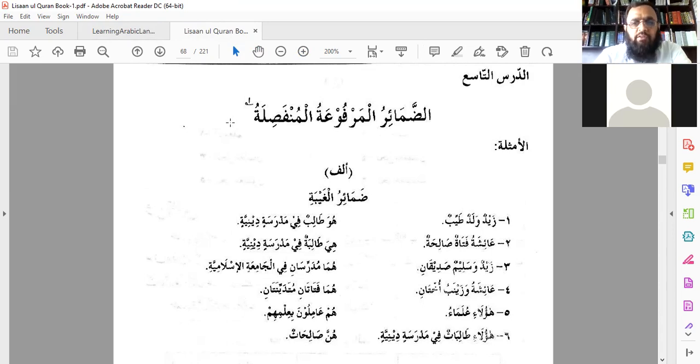Now in first person, number is also involved. In first person, there is singular as well as plural. Second person, singular and plural. Third person, singular and plural.